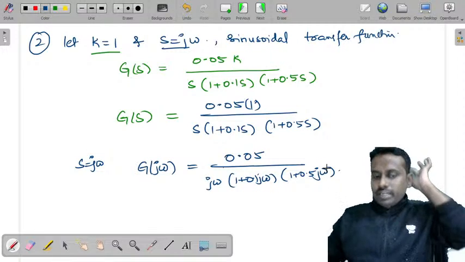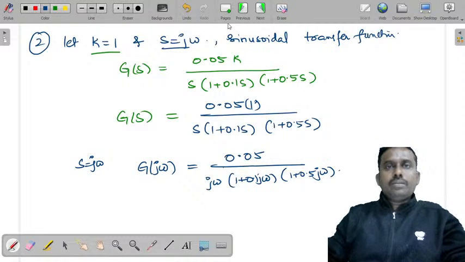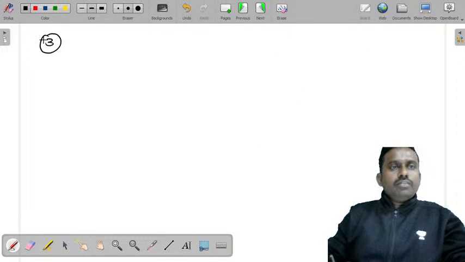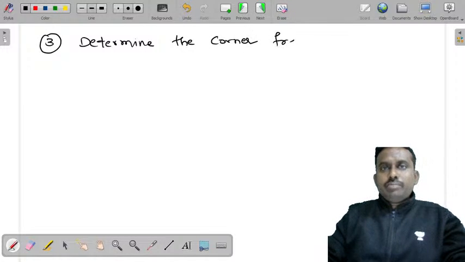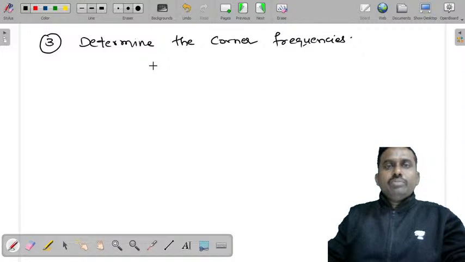And the third step is determination of corner frequencies. What are the corner frequencies?